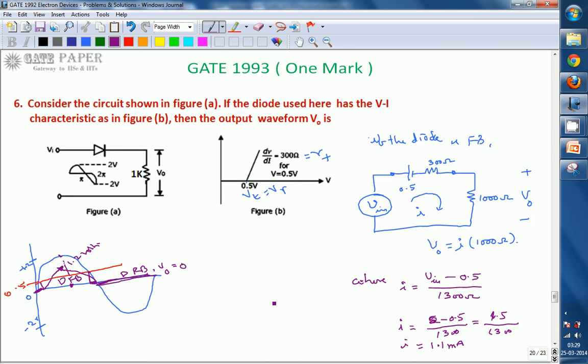So if I draw like this, it is a clear-cut output waveform for the given input. This is 0, this is pi, this is 2 pi. Only when the input voltage reaches 0.5 volts does the diode become forward bias. So this waveform is for V0.